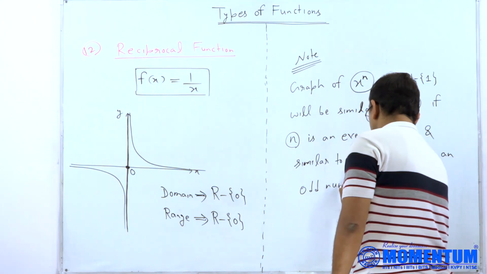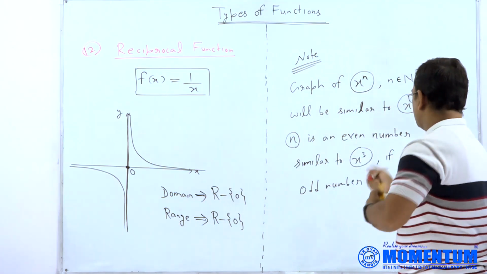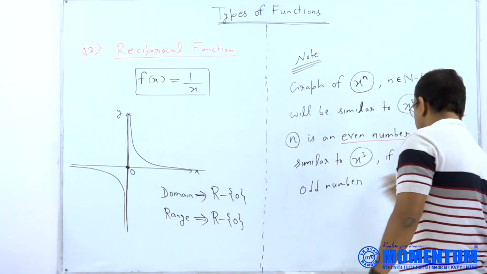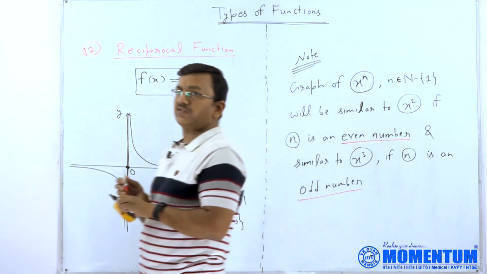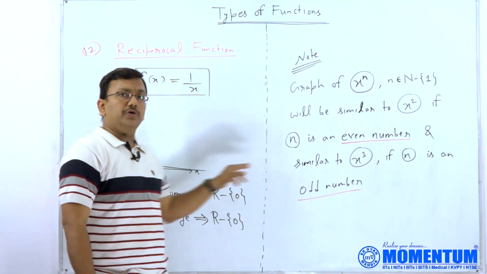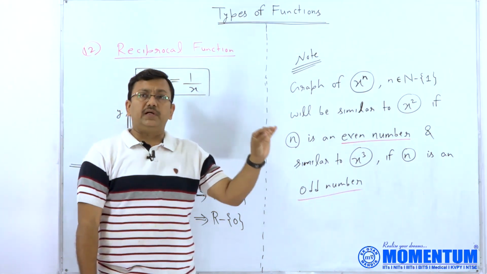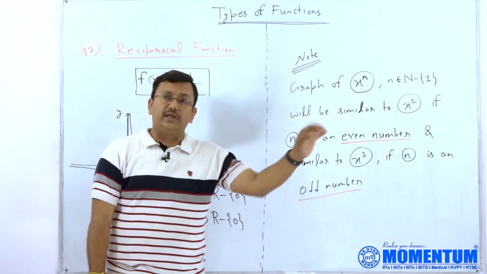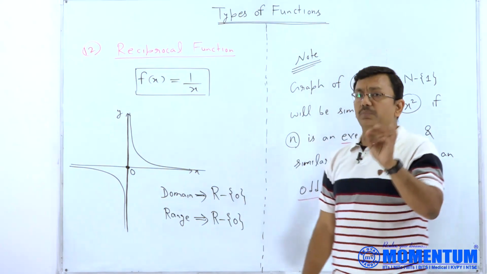Now, students, this is an important point, will help you in coming chapters. If you need graph of x to the power 4, x to the power 6, x to the power 8, remember all will be upward parabola. If you need graph of x to the power 5, x to the power 7, x to the power 9, all will look like graph of x to the power 3.